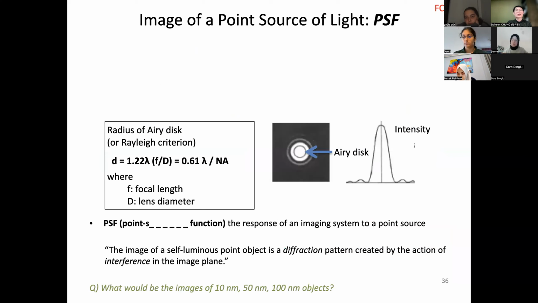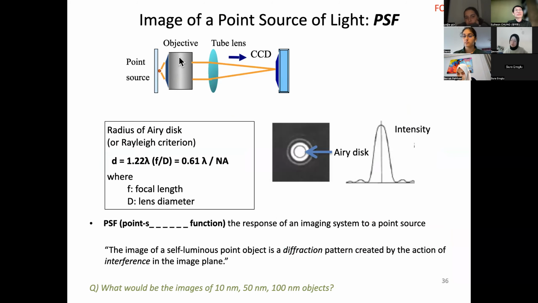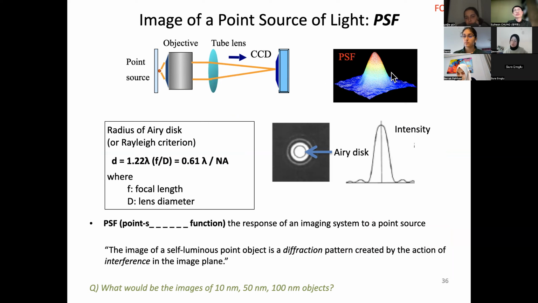This is just a point source. If you have an objective lens and a tube lens, this is what you see. This data is actually what I collected, and when we look at it from the top, it looks like this, so it is named the Airy disk. Let me give you a rule of thumb for the resolution. People have already worked out 0.61 lambda over NA. Forget about the 0.6, but the resolution, or the diameter of this first peak, is about half of the wavelength.